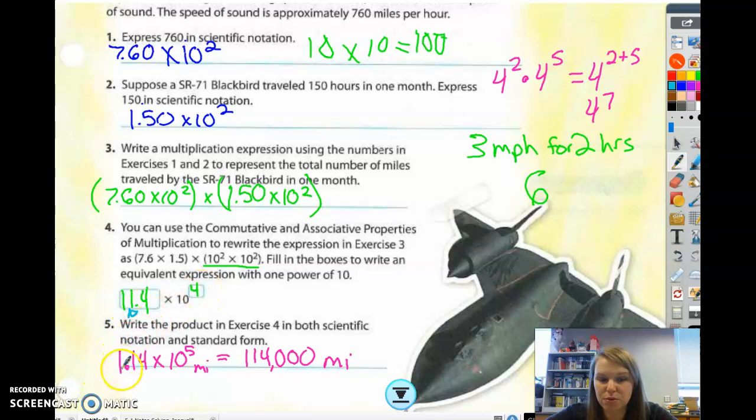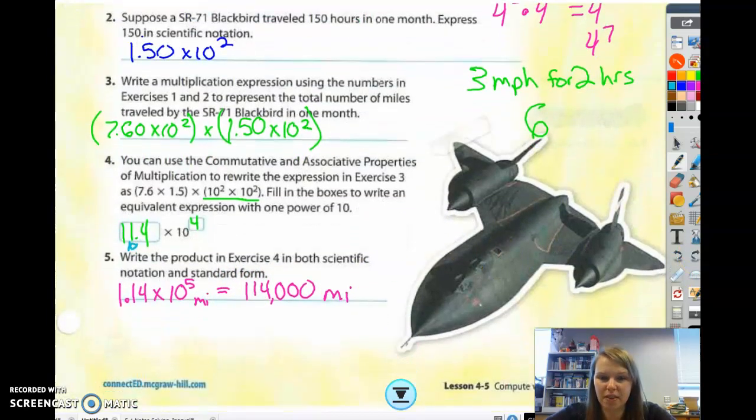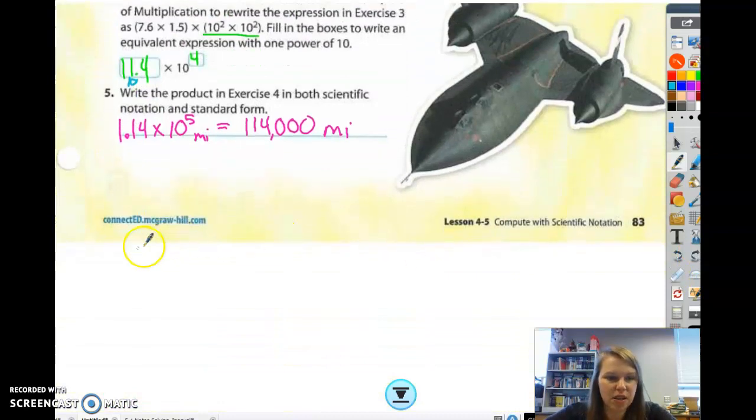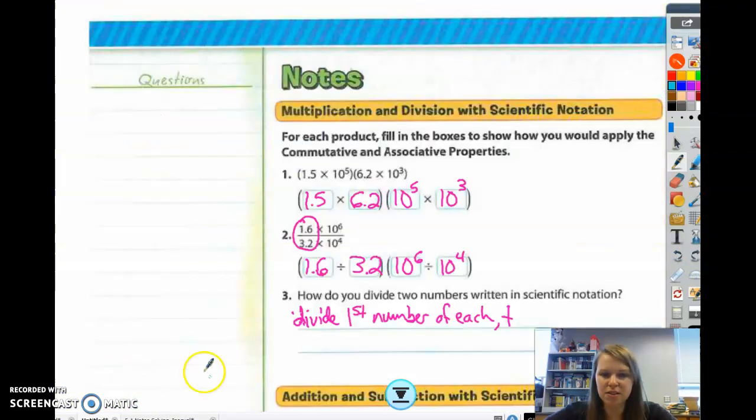So we said 1.14 times 10 to the 5th, and in standard notation that would be 114,000 miles. That's how far this fighter jet could travel in a month. Okay, so let's look at some more examples. We're going to move on to the next page.